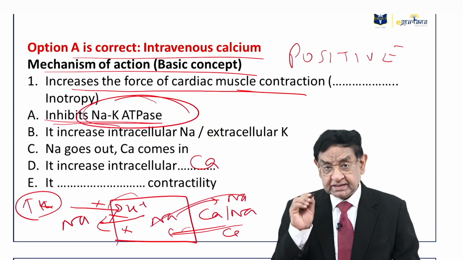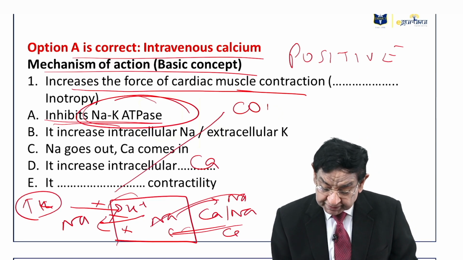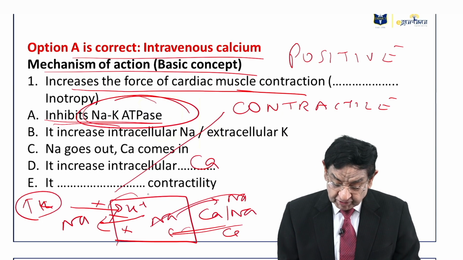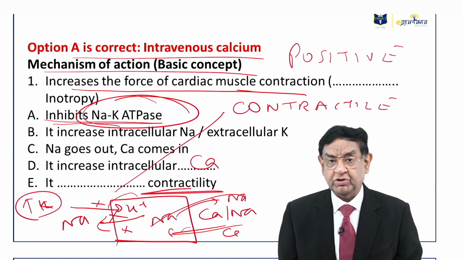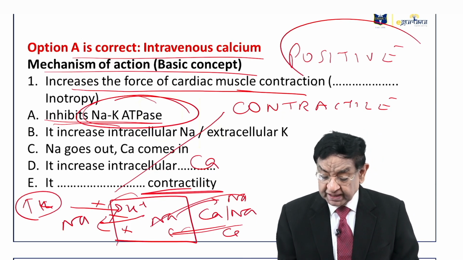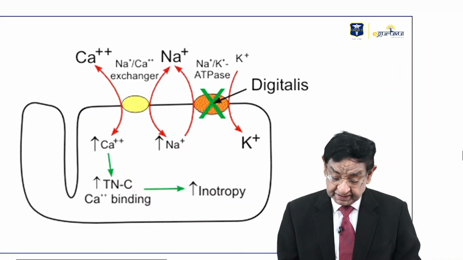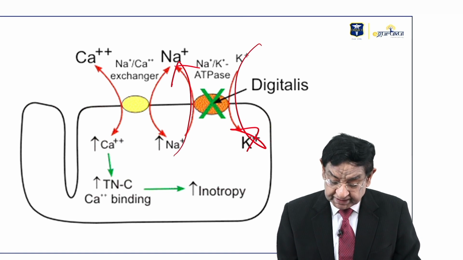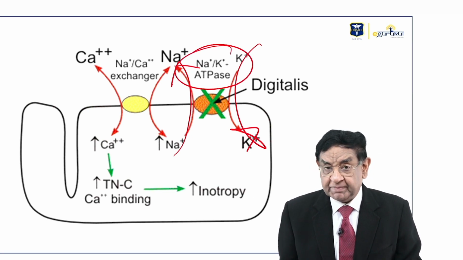This increased intracellular calcium will bind to contractile protein in the myocyte, and that causes increased contractility. This is how it acts like a positive inotropic drug. Again: normally sodium goes out and potassium comes in by the enzyme sodium potassium ATPase, which has been inhibited by digoxin.